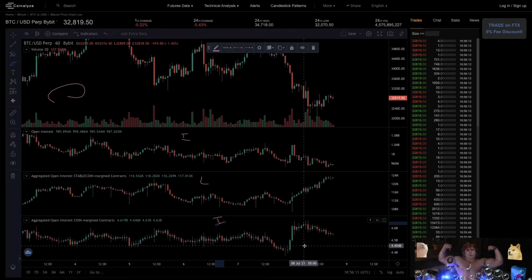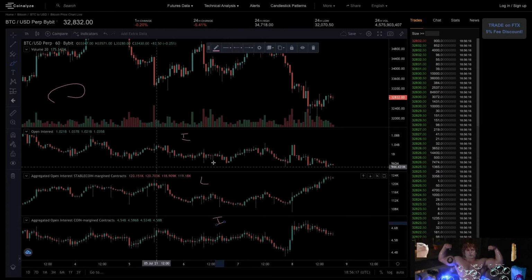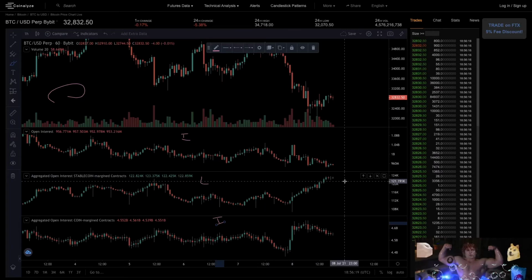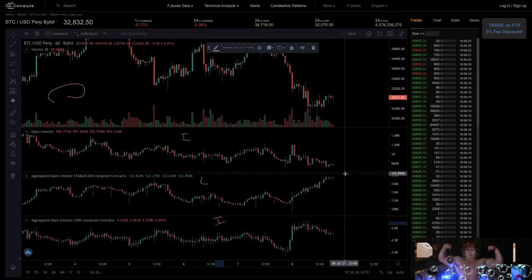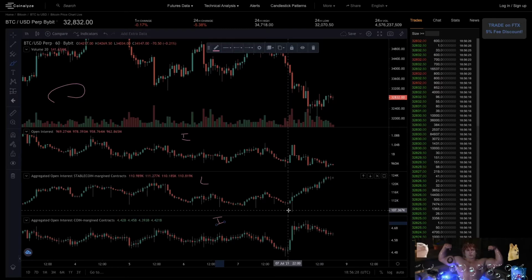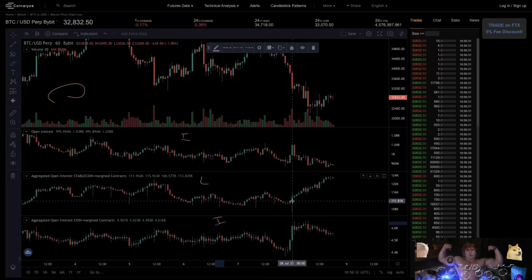Okay. So things to understand. When you trade stablecoin margined derivatives, that means that by default your margin is in dollars. That means that by default you have no long exposure. In order to have any long exposure, you have to open up a position, meaning that open interest will go up.